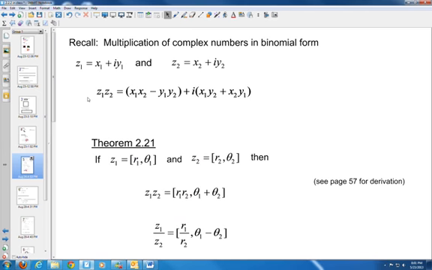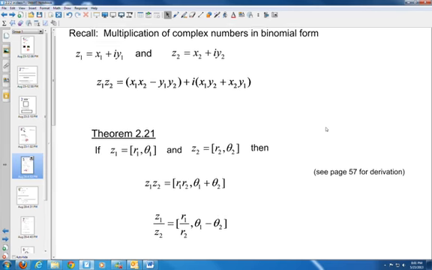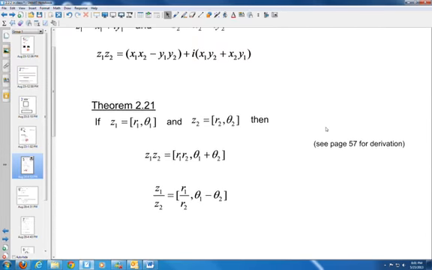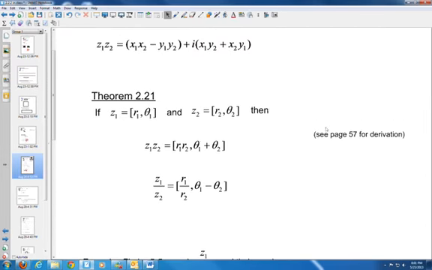Earlier in the previous chapter, I talked about multiplication of complex numbers in binomial form using rectangular coordinates. And we had this formula right here. That form is very complex. But one of the reasons we love polar coordinates is because of what multiplication and division look like. If z1 is r1 comma theta 1 and z2 is r2 comma theta 2, then to multiply these two complex numbers, we simply multiply the moduli and then add the angles.